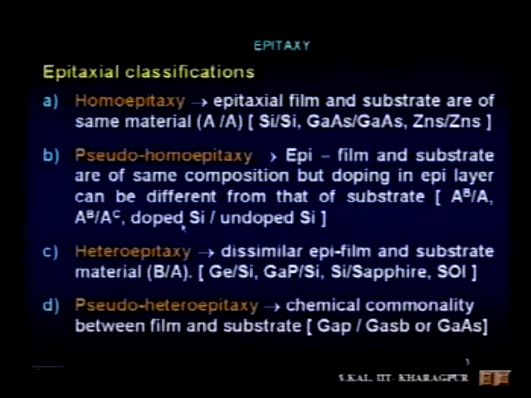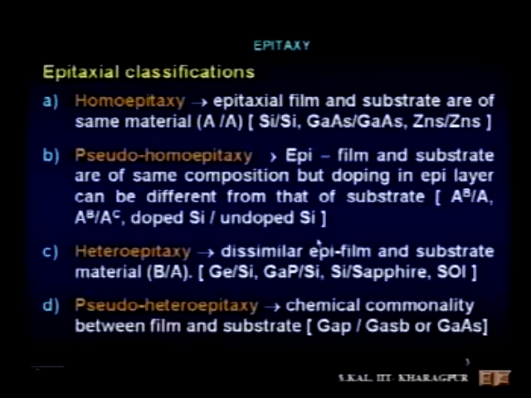Similarly, you can form a film A of doping B on an A substrate of doping C. The substrate has a different concentration, that is C doping, and the film has another impurity doping concentration, that is B. Or also you can make a doped silicon film on an undoped silicon substrate.